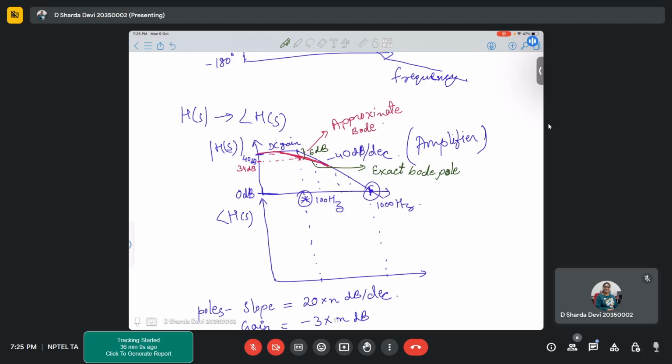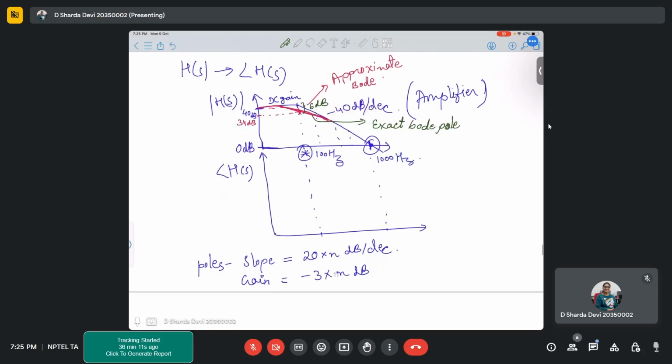And corresponding to that, you will have phase. So you will draw the phase of your system. Let's say you started with zero phase, and two poles.